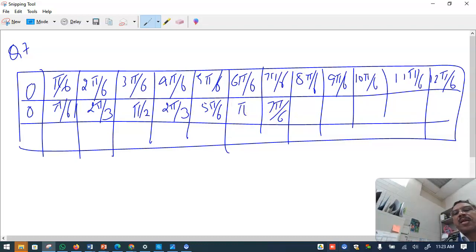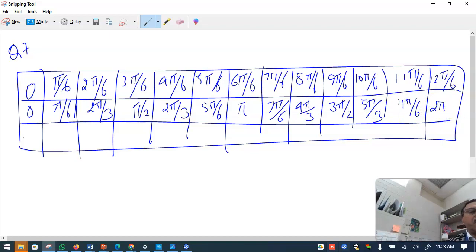This you can reduce and write as 4 pi by 3. This becomes, reducing by 3, 3 pi by 2. This is 5 pi by 3. This remains 11 pi by 6, and this is 2 pi.